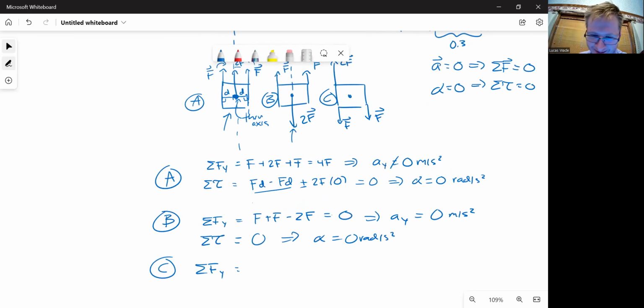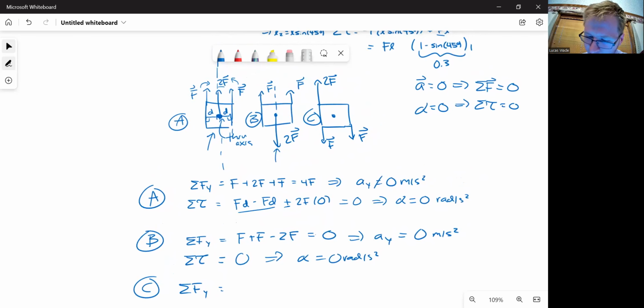Oh, case C, what is the net force acting on the block in this last case?